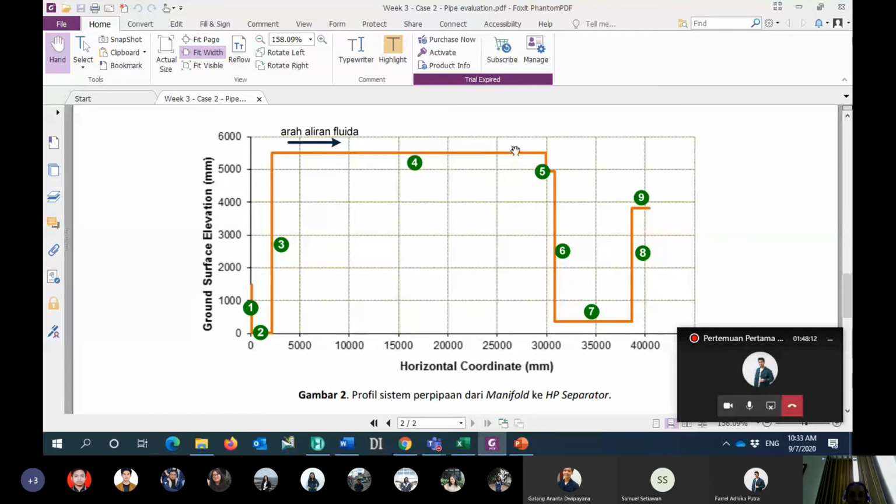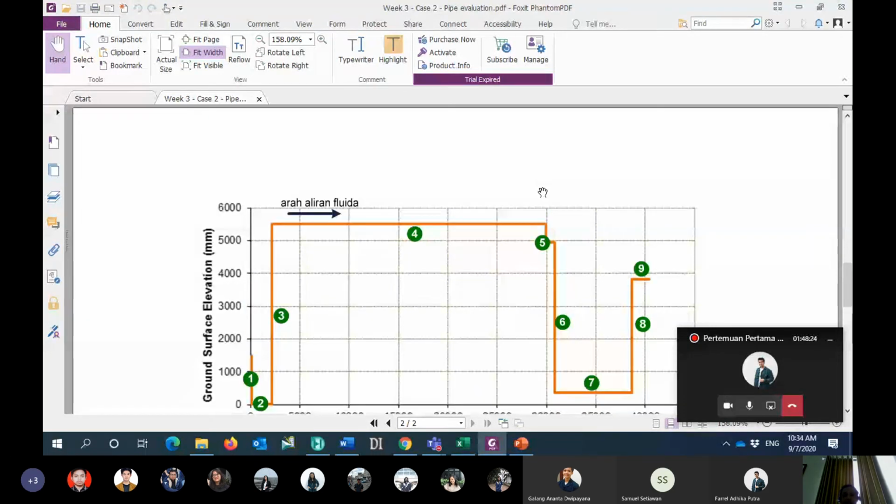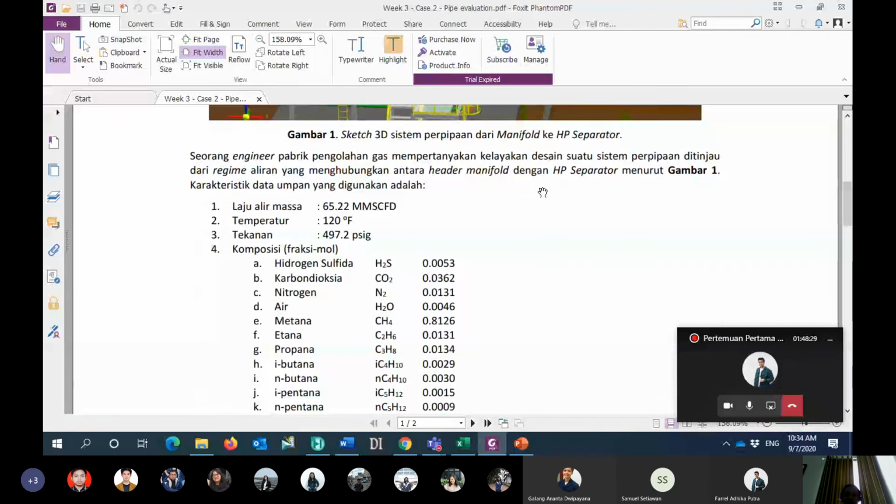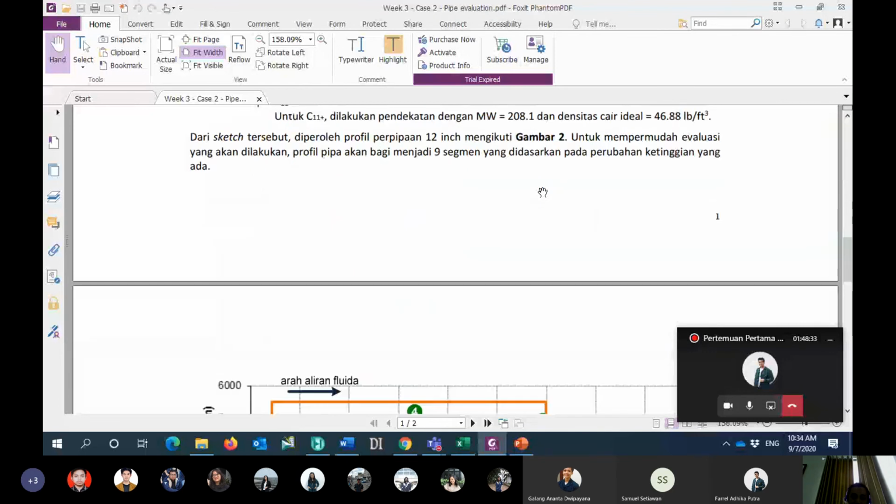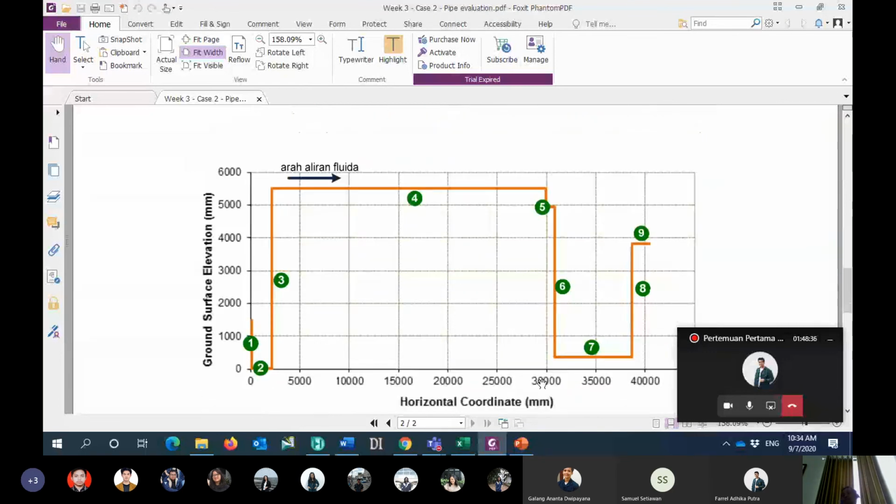The problem is they are facing slugging. As the engineer, you have to propose a way to avoid this kind of slugging problem. When you have slugging, as I mentioned before, there will be a fluctuation of pressure. Why? Because gas cannot penetrate the liquid, but gas is always produced. When gas is produced, there will be an accumulation of gas pressure.